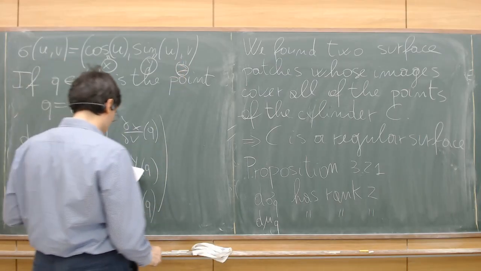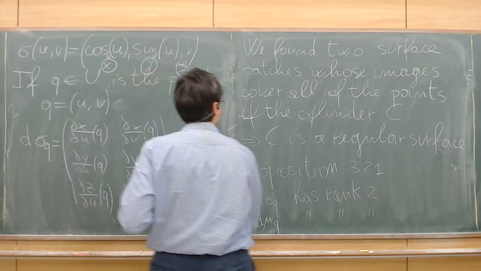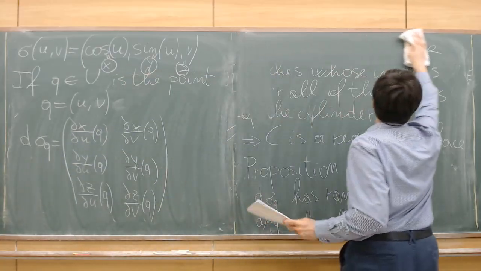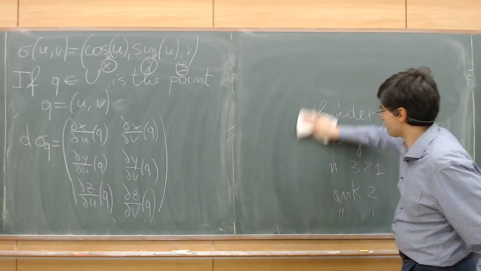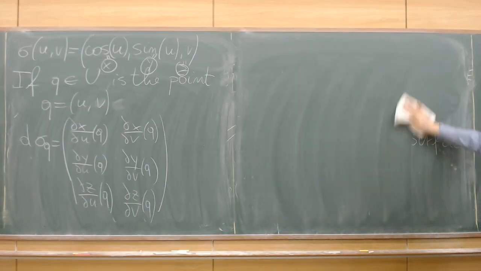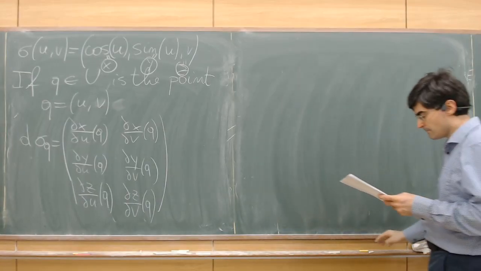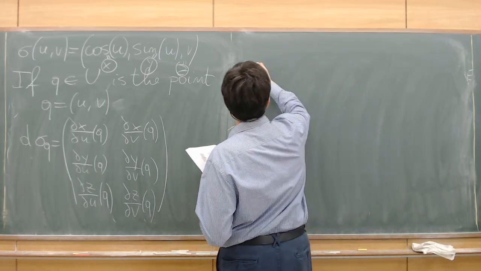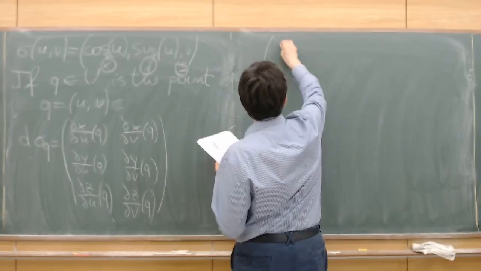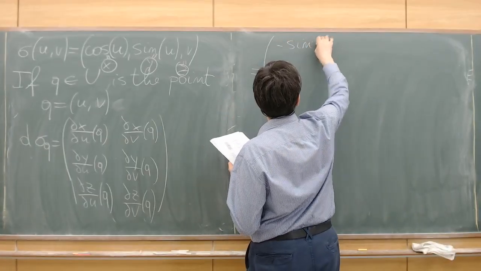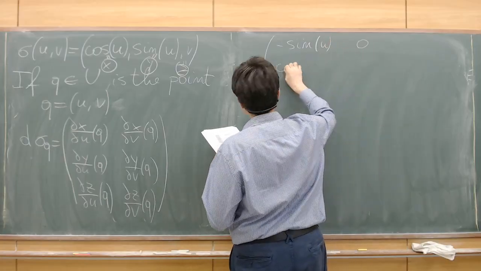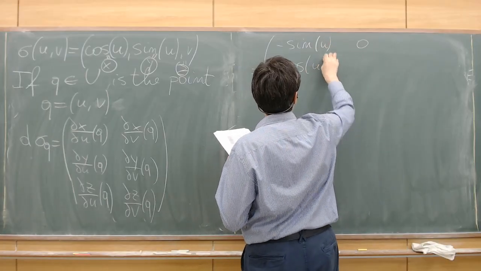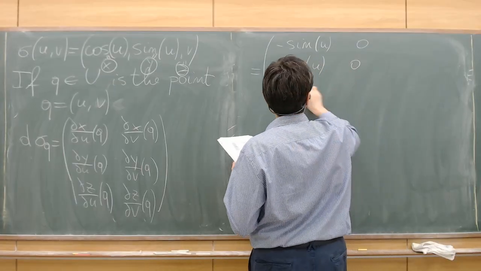If you make computations, you will find minus sinus of u, 0, cosinus of u, 0, 0, 1.